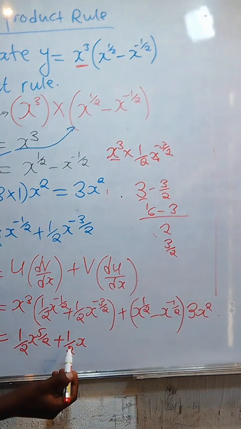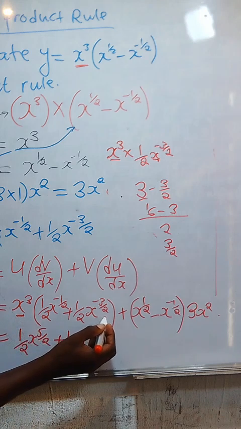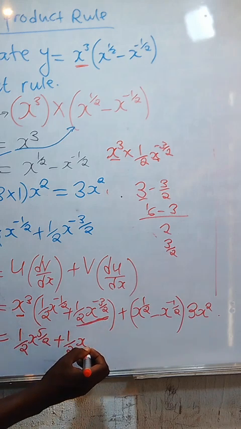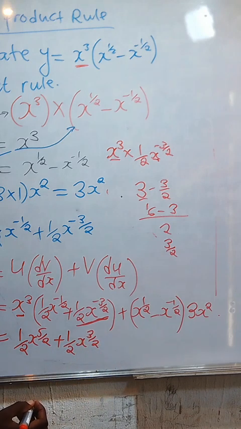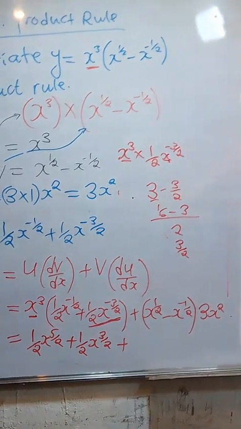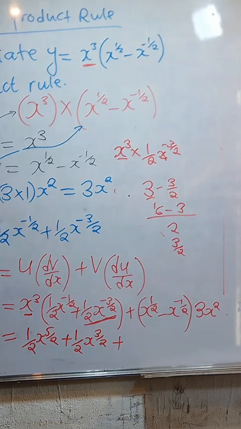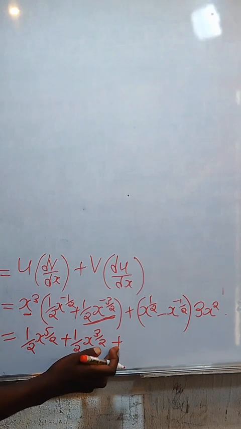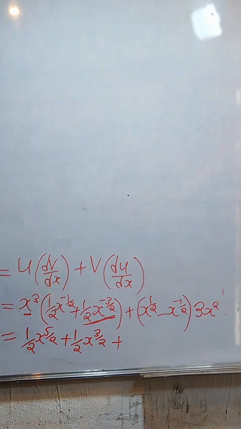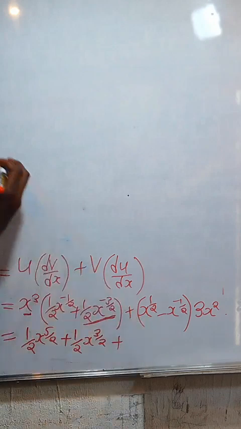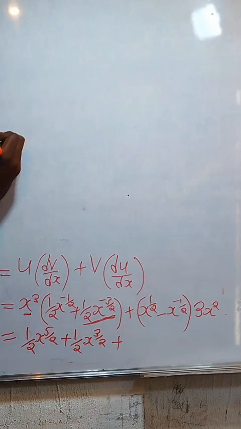So meaning this power, so this times this, okay, is going to be half x to the power 3 over 2, okay? Now plus, okay, now this times this, it's the same thing that you're going to do. So it is 3x to the power 2 multiplied by this is x to the power half.